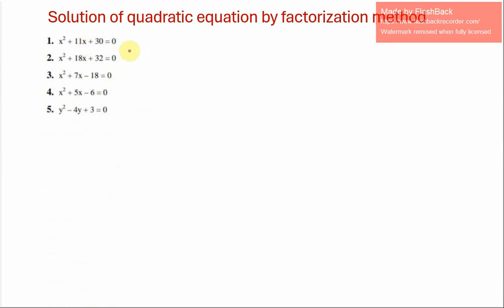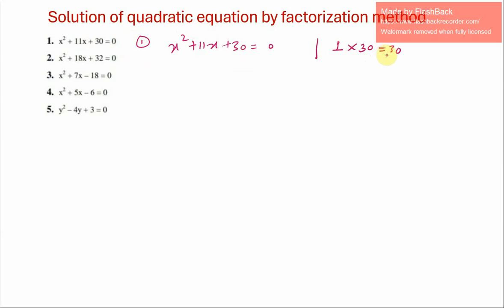So consider the first example, x square plus 11x plus 30 equals to 0. As we studied earlier in the chapter polynomials, to find the roots, we take the product of the coefficient of x square and the constant term.